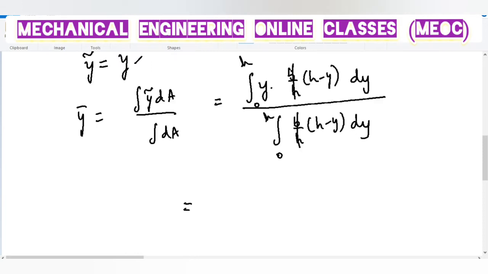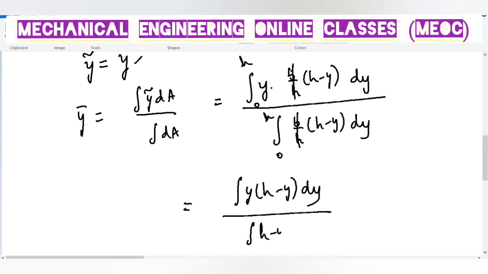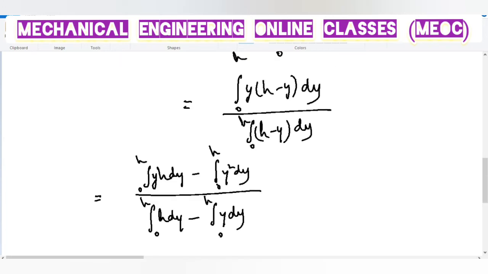Then we will be left with integral y into h minus y dy divided by integral h minus y dy, with limits 0 to h. I have expanded the numerator and denominator: y into h dy minus y square dy in the numerator, and in the denominator also I have opened up the integral, so that it is easy for us to solve the problem.